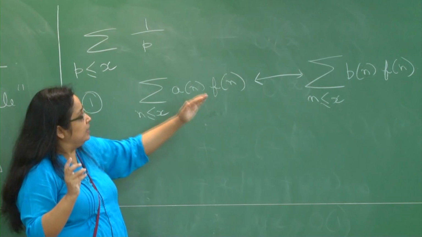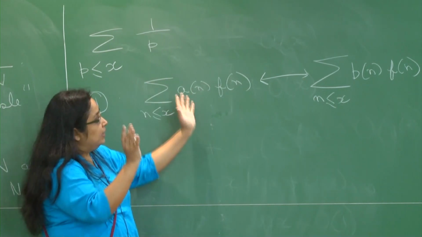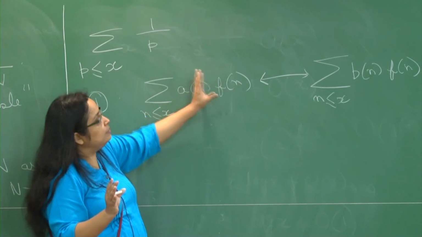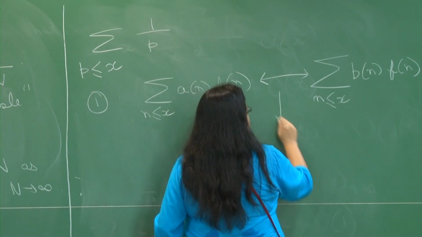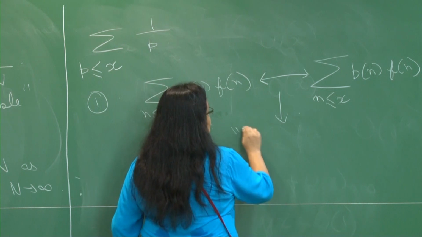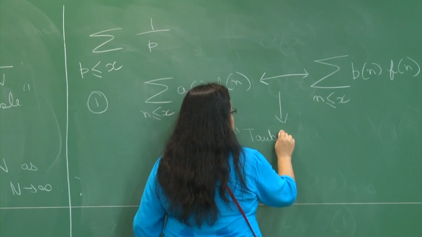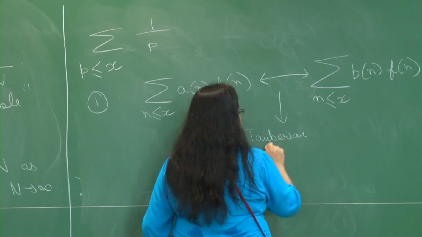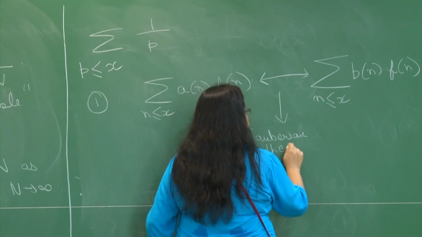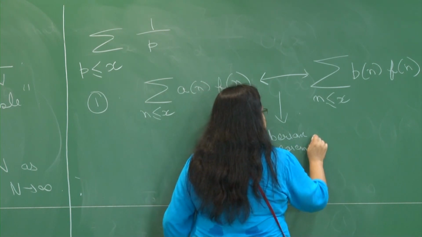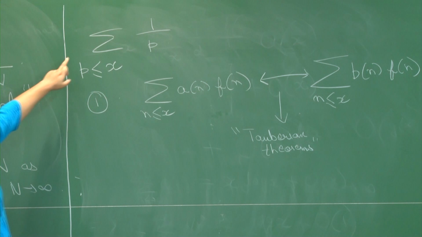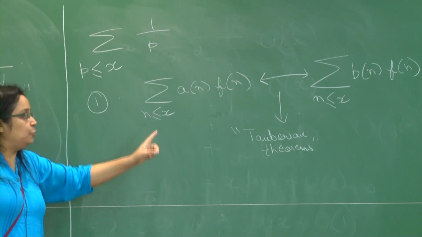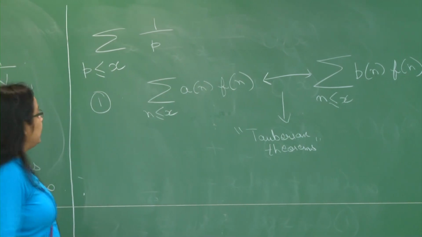In certain situations, information about one sum leads to information about the other, and the class of theorems that does this are called Tauberian theorems. We are going to mention one particular Tauberian theorem shortly and use that to study this sum, and we will prove that Tauberian theorem in our next live session.